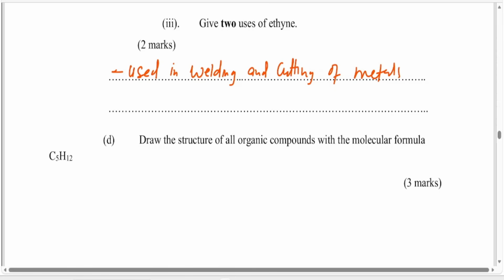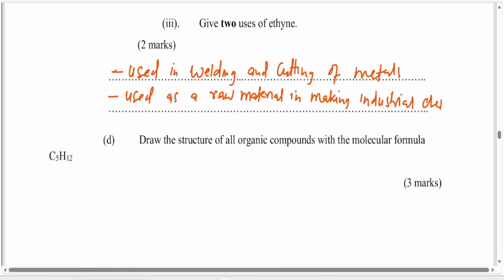This is another use for ethyne. It is used as a raw material in making industrial chemicals.